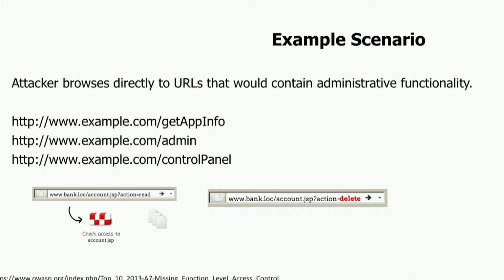Because of function level access control, it should stop you from looking at the doctor's URL. But if you don't have function level access control, and you just say, because you're authenticated and because you are typing in a URL within our system, we're going to give you access to it, then you will fall prey to this vulnerability.